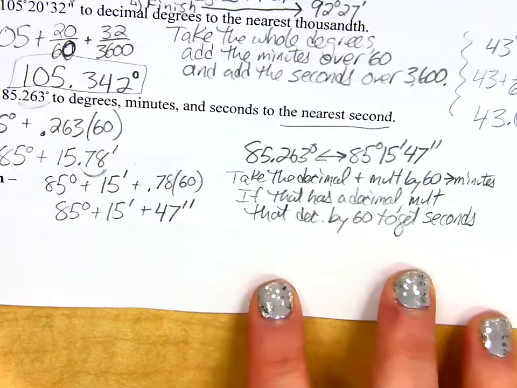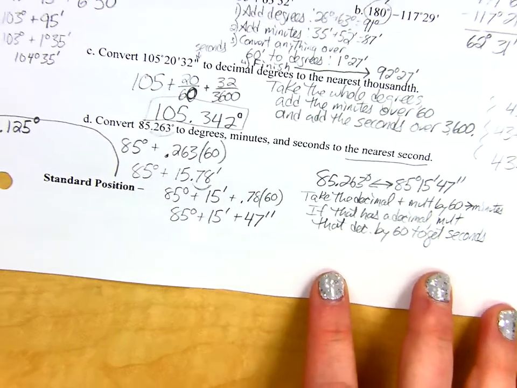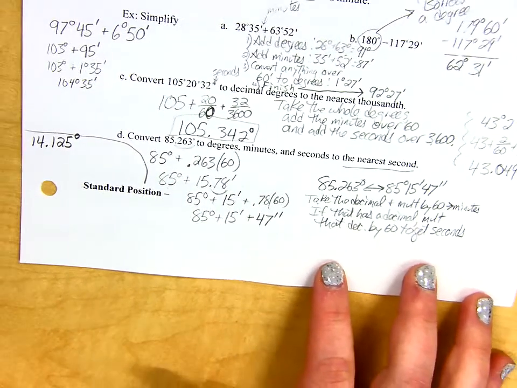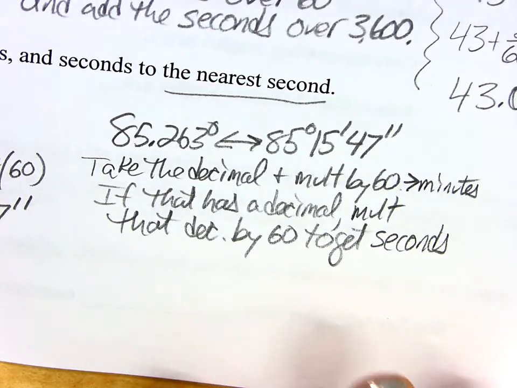Oh, sorry. Let's see if I can zoom out so you get both. I'll just zoom in for you. If you need the degree, it was 14.125. Did I make it too easy on you? Oh, good, I didn't.